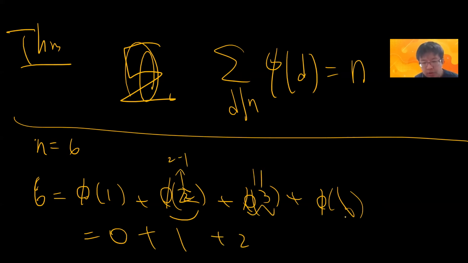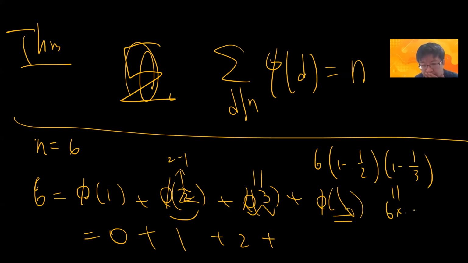And phi(6) is 6 times (1 minus 1 divided by 2)(1 minus 1 divided by 3), so it's 2. Sorry, I missed: phi(1) is defined to be 1 because 1 is coprime to itself. Okay, so in total you have 6.